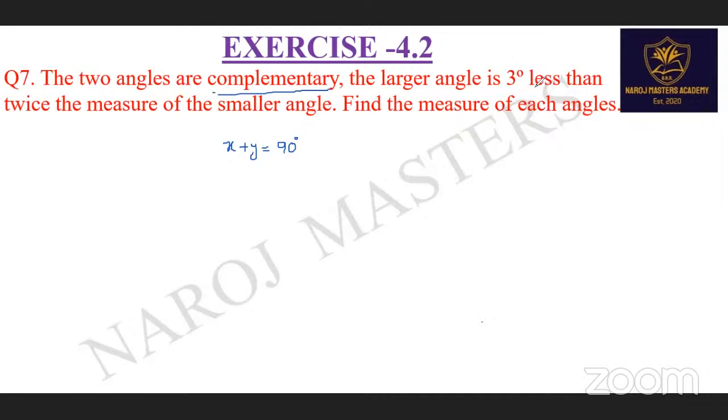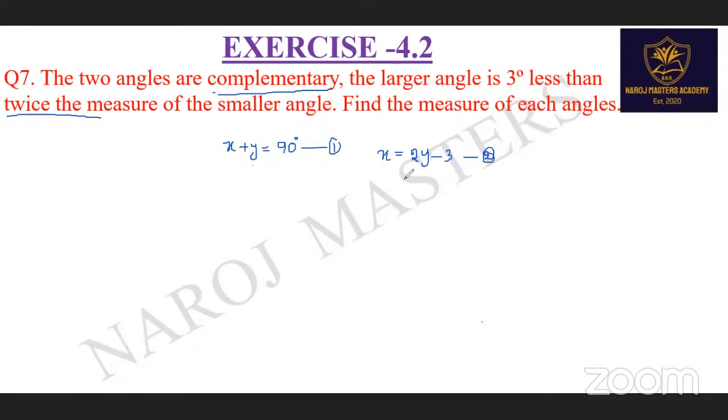And one more statement is given: the larger angle, x, is 3 less than twice the measure of the smaller angle. The smaller angle is y, so x is equal to 2y minus 3. This is our second equation, and this is our first equation.